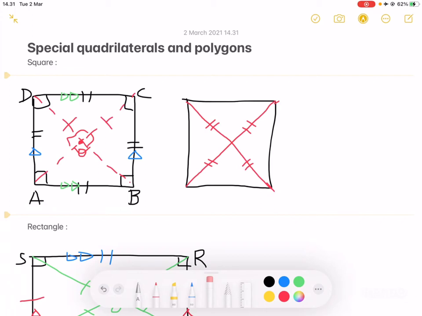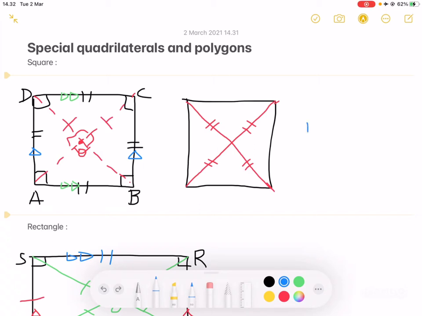It also bisects each other at right angles. So this is a right angle, this is a right angle, and so on. And one last thing to mention about the diagonals of a square is that it bisects the angles as well. What I mean by bisect in this context is it divides.